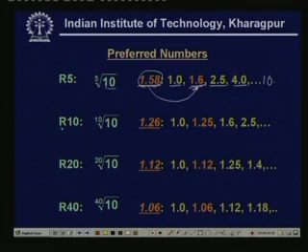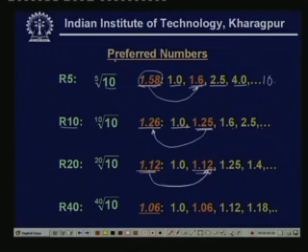Similarly, R10 is the 10th root of 10, and this value comes out to be 1.26. Here also it is rounded off in a convenient manner as 1.25, and you get a series like this. R20 refers to 1.12. Here you can see no rounding off as such has taken place. Similarly for the R40 series.